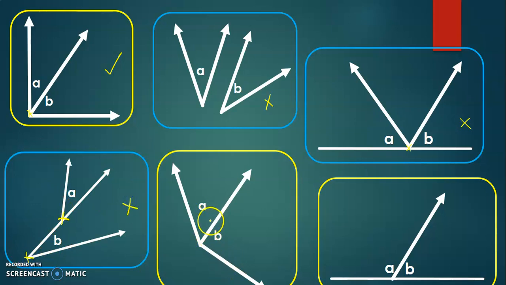Now, for this example, they share a line, they share a vertex over here, and they are also on the opposite side of the line that they share. So yes, these angles are adjacent. And here they share a line, are on the opposite side of the line that they share, and share a vertex. Hence, these are your adjacent angles.